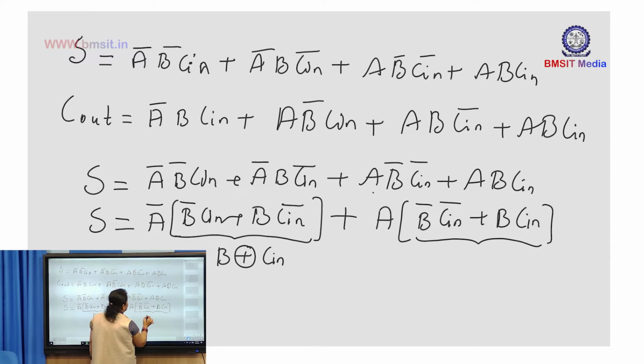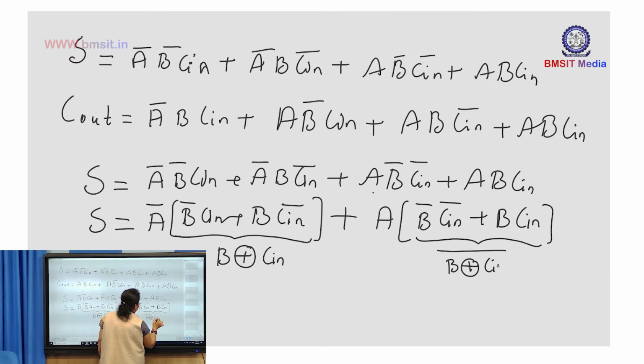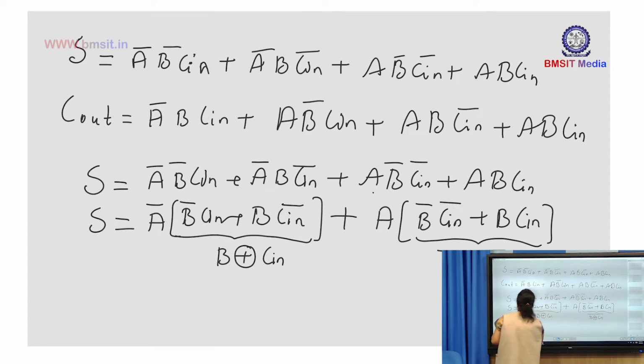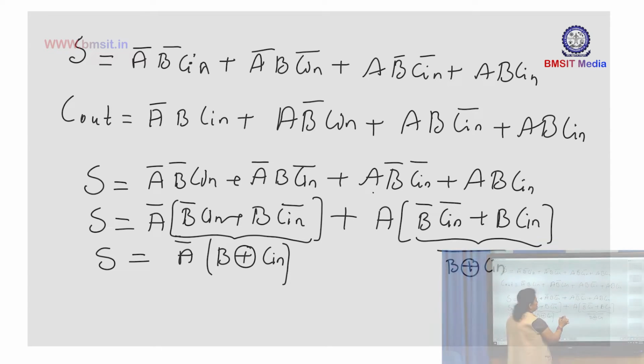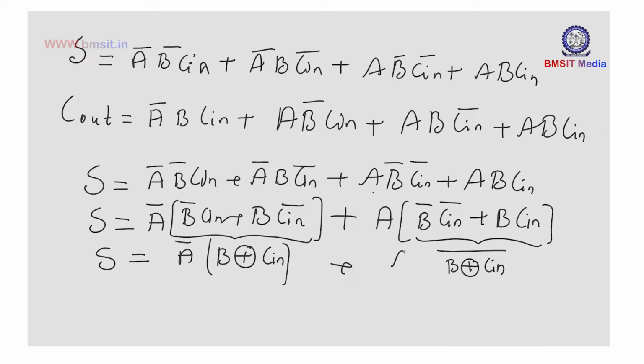So I can write this as not of XOR of B and C in, B XOR of C in whole bar. Now we have S is equal to A bar B XOR of C in plus A B XOR of C in whole bar.